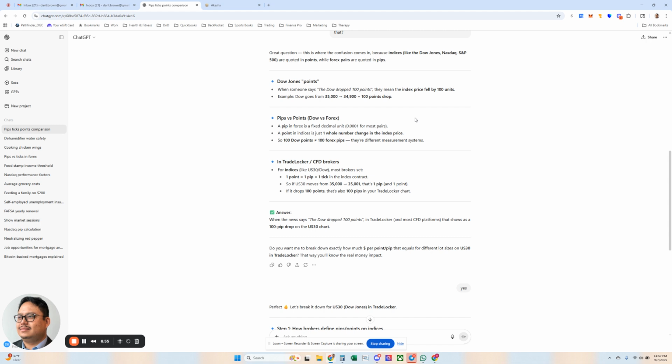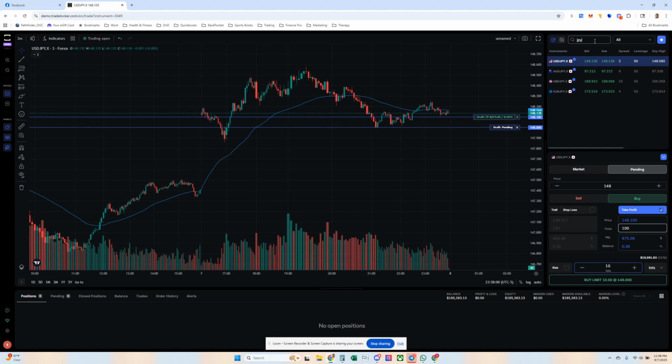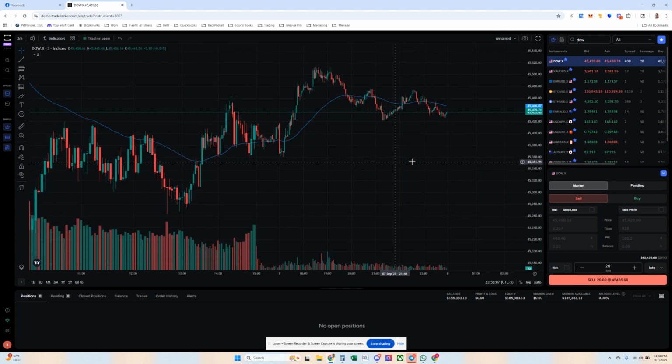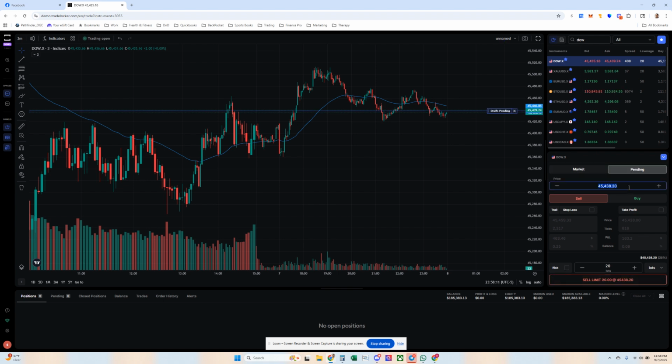To try to keep things uniform, let's convert that into actual ticks in TradeLocker. So I'm going to go to Dow. For easy numbers, let's say we're looking at 45,000 and we're doing a sell.